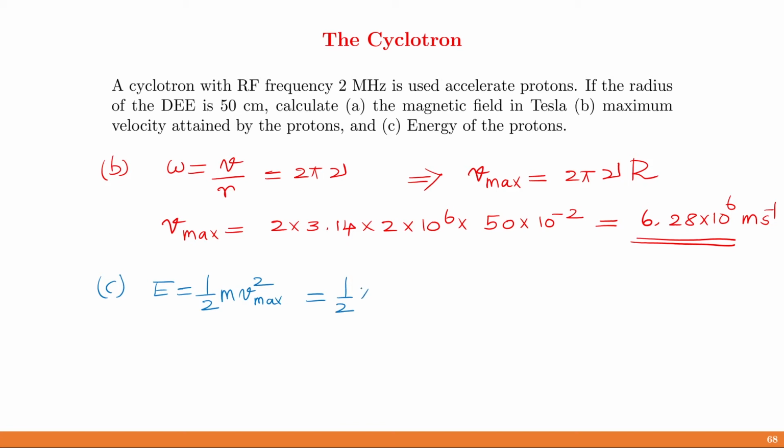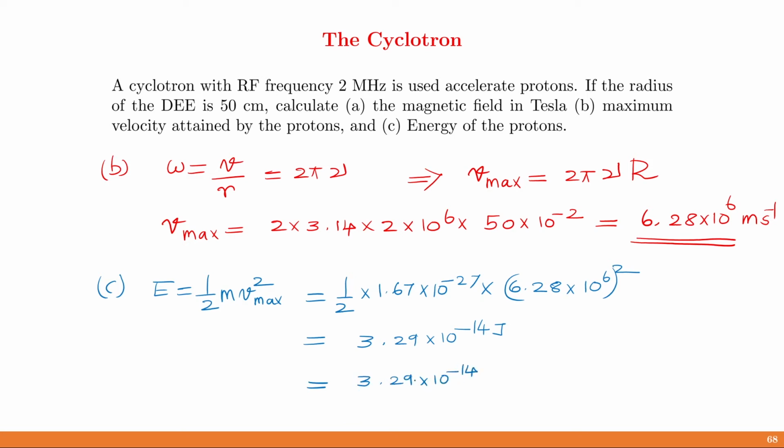This is equal to half times 1.67 times 10 raised to minus 27 times 6.28 times 10 raised to 6, the whole square, and this is equal to 3.29 times 10 raised to minus 14 joules, which is equal to 3.29 times 10 raised to minus 14 over 1.6 times 10 raised to minus 19 in electron volts. This is equal to 0.2056 MeV.